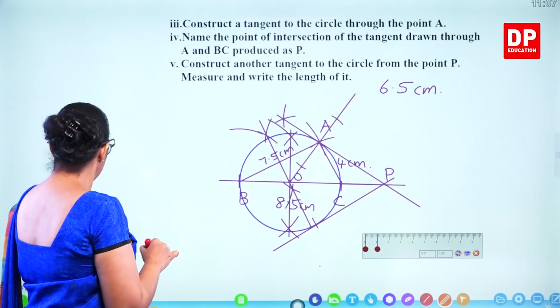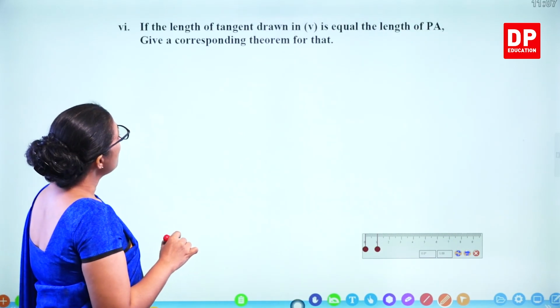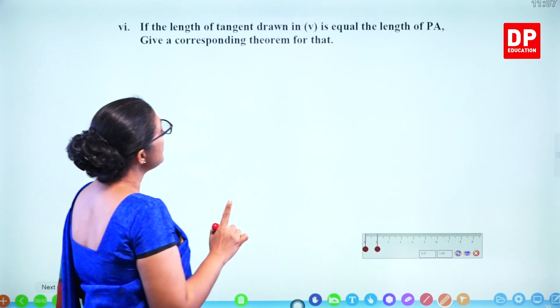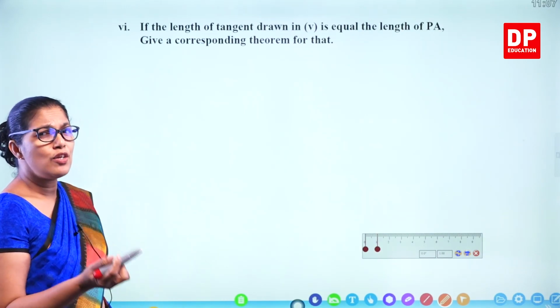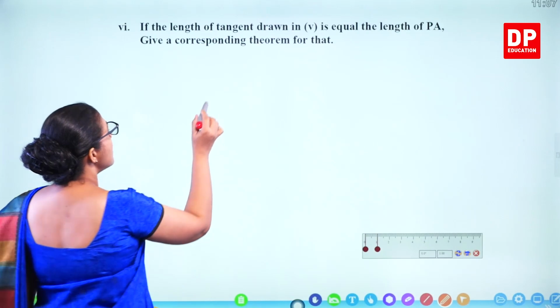Sixth part. If the length of the tangent drawn in 5 is equal to the length of PA, give the corresponding theorem for that. So we use that property.